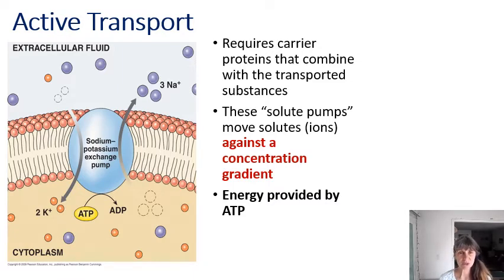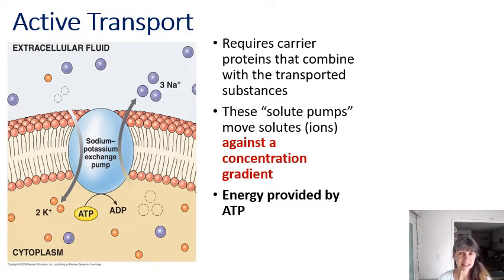And you'll notice when you look at this picture, this is a classic example of the sodium-potassium pump, where 3 sodium ions are being pumped to the extracellular fluid outside the cell, while 2 potassium ions are being pumped into the cytoplasm, where we have our intracellular fluid inside the cell. This is against the concentration gradient for both of these ions.